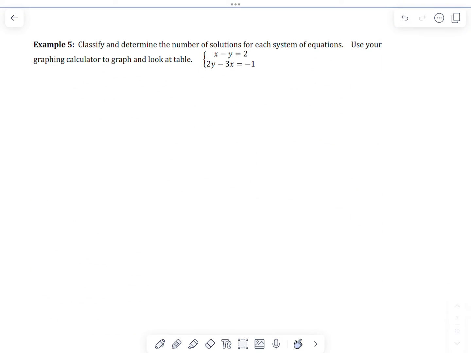So example 5 says, classify and determine the number of solutions for each system, and then use your graphing calculator to graph and look at a table. So to be able to use the graphing calculator, just like on a previous example, we need to get them into slope-intercept form. So if we take this top equation, x minus y equals 2, we need to get it into slope-intercept form.